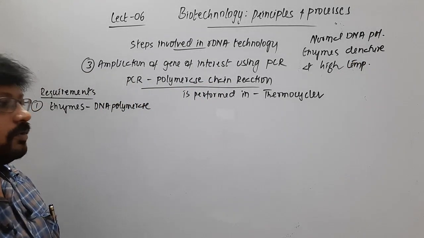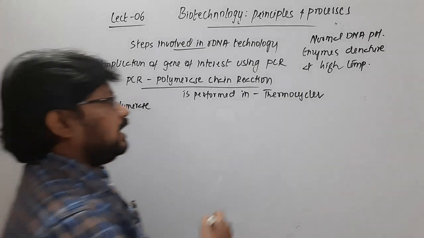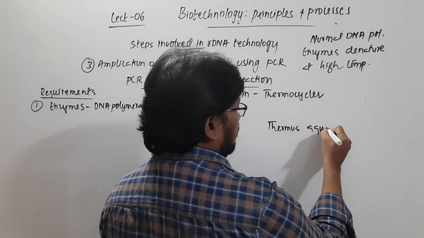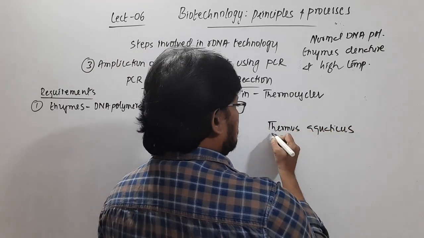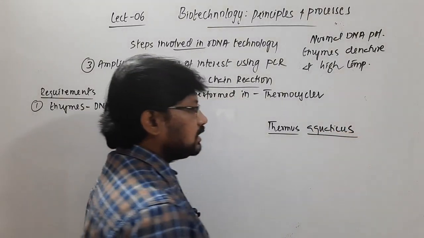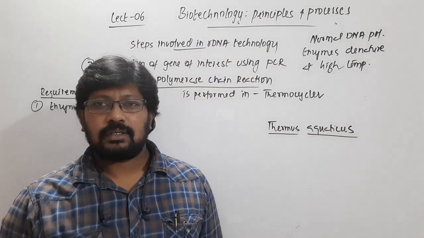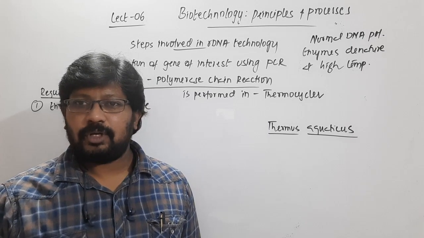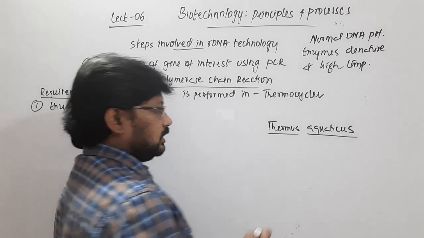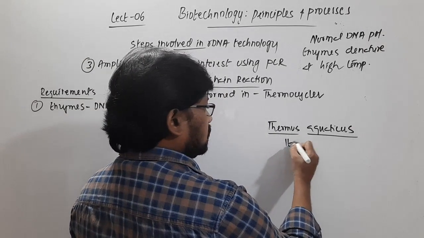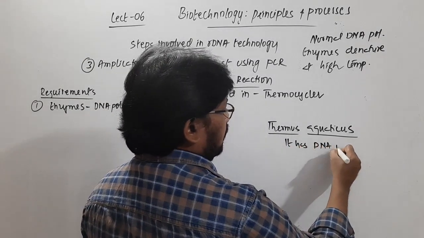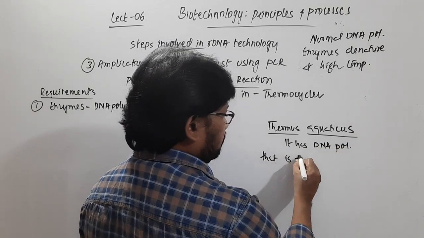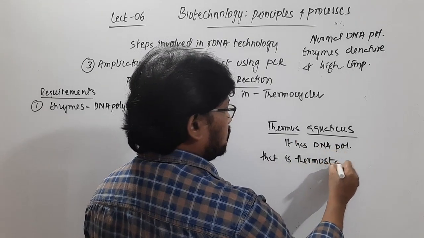For that reason, I cannot use the normal DNA polymerase enzymes. So scientists found that a bacterium named Thermus aquaticus lives in very hot environmental conditions, and it has a DNA polymerase enzyme that is thermostable.